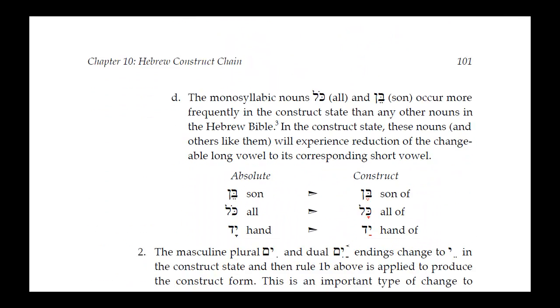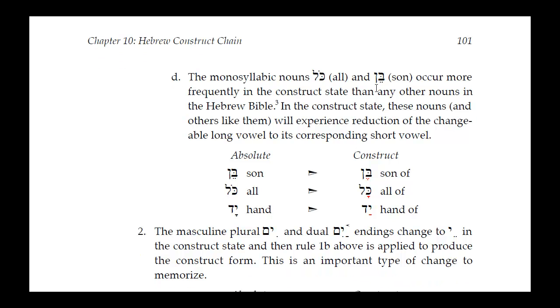Now let's get to the one-syllable nouns, kol and ben. They occur so frequently in the construct chain, more than they do in the absolute in the Bible. In the construct state, these nouns, like other nouns, will experience reduction of the changeable long vowel to its corresponding short vowel. So, for example, we have ben, son, with the tsere. In the absolute state, when it changes to a construct state, the tsere, which is a long e sound, reduces to a short e of the segol: ben, son of.